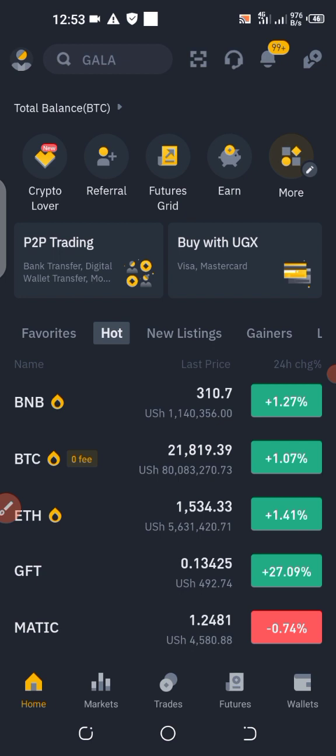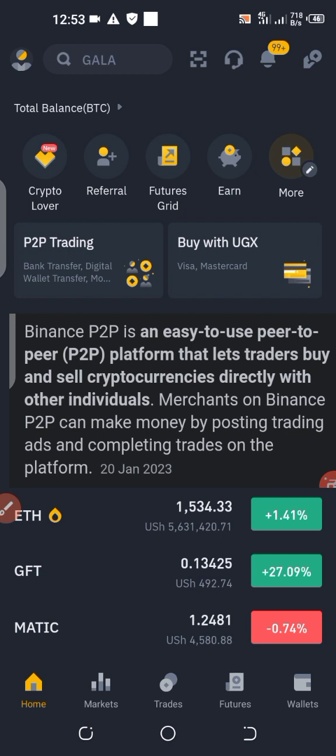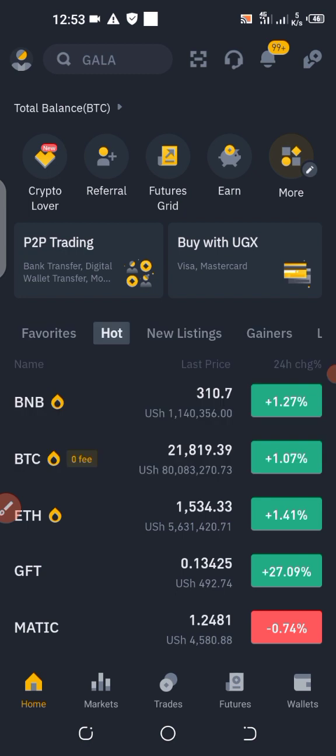On P2P trading, the exchange is in control, there to make sure that the transaction is successful, with both parties satisfied. Let's say the two parties are the buyer and the seller. In this case I'm using Binance, so Binance makes sure that the transaction between the buyer and the seller is complete and successful.